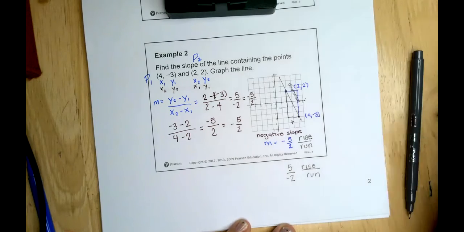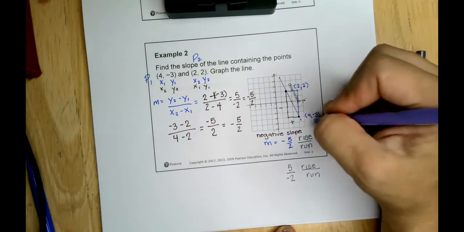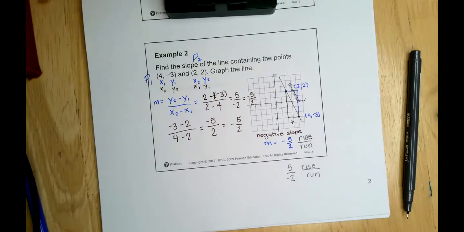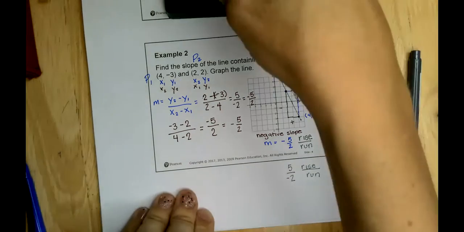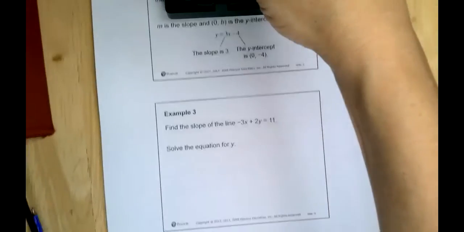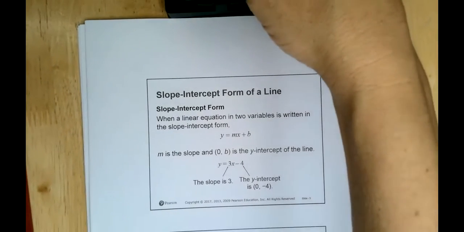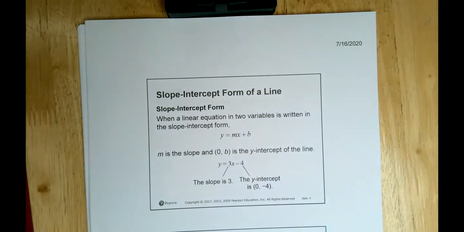So I end up at the same place. Those points are still that same distance away from each other. Okay. So that's how we practice slope.